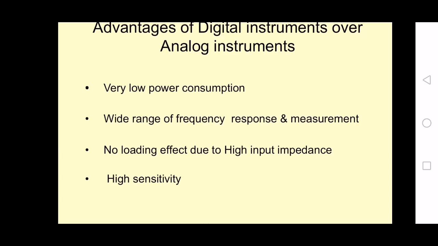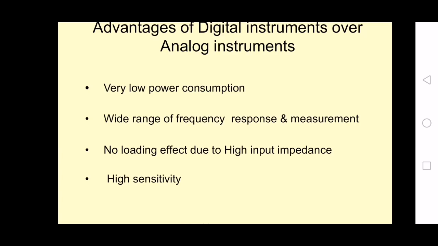Very low power consumption in the case of digital instruments, which consume low power, and a wide range of frequency response and measurements. High sensitivity, and no loading effect due to high impedance.